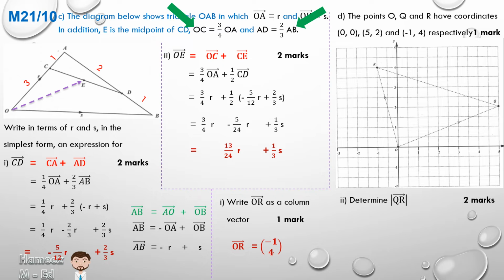QR. So if we're looking from Q to R, how do we get the length of it? We can make it into a right angle triangle. And if we have a right angle triangle and we want to find the length of QR, that's really finding the hypotenuse. So if we want to find that, we can use Pythagoras' theorem.